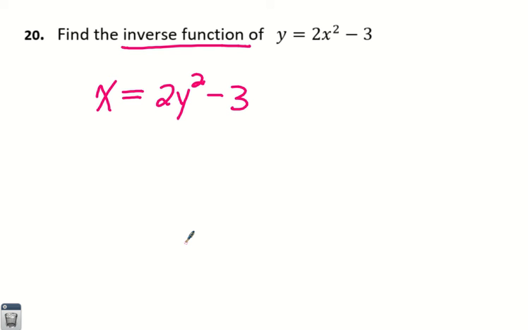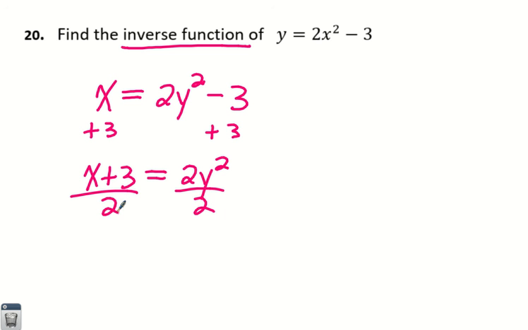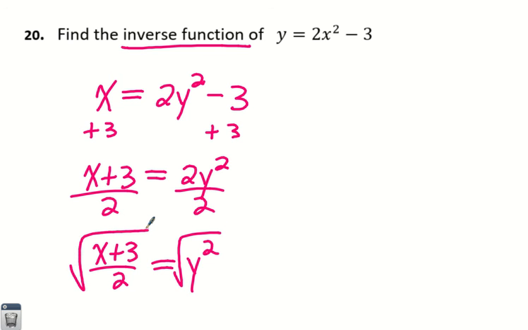And the only thing you have to do to finish this up is get y by itself again, which means we're going to add 3 to both sides, and then it looks like we're going to divide both sides by 2. And the final thing we need to do to get y all by itself is undo that power of 2, which means take the square root of both sides.